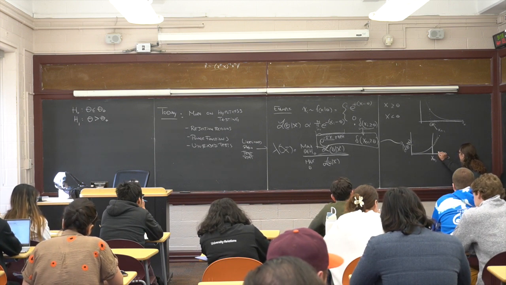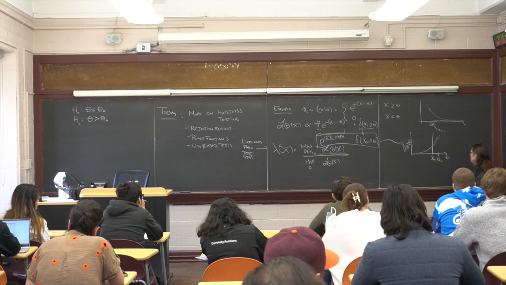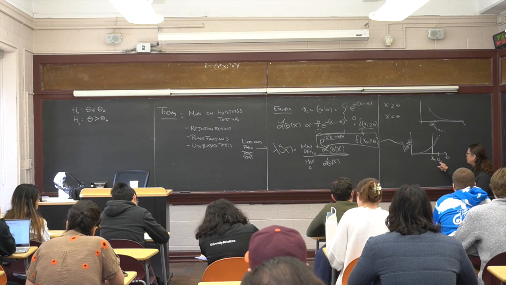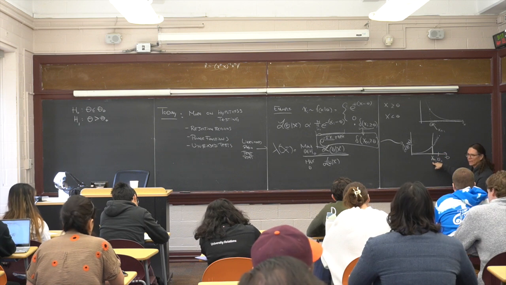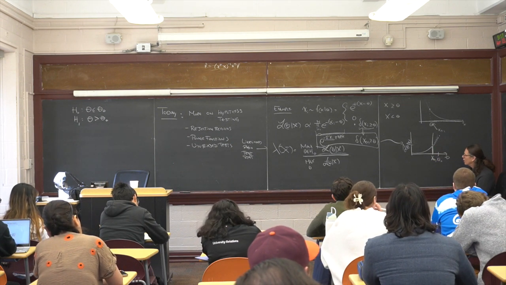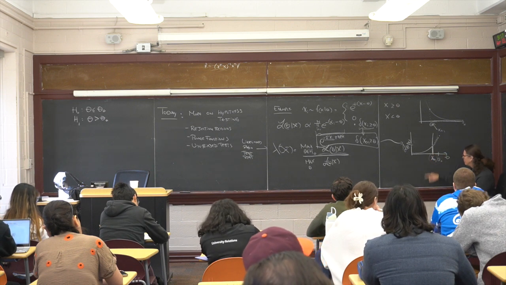I can think about if theta naught is over here. So if theta naught was over in this region right here, then I know that the maximum would occur at that point right here, because the likelihood is actually coming down right here. So the maximum likelihood estimator is this point. That's pretty obvious from the picture.